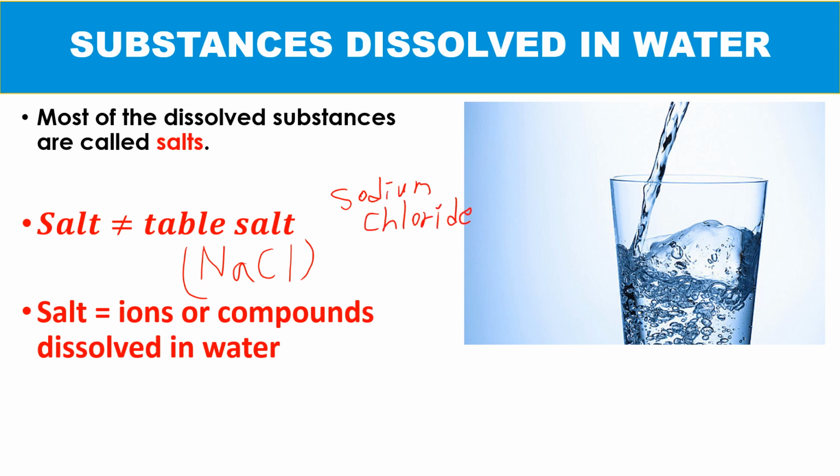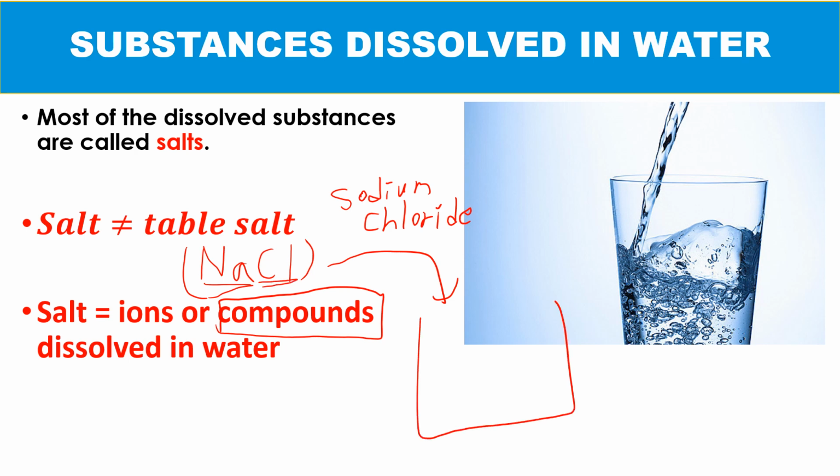The thing about sodium chloride, and it works for any other ionic compounds too, is that if they have a metal like sodium and a non-metal like chloride, they tend to dissolve in water in the form of ions. They separate as positive ions and negative ions.